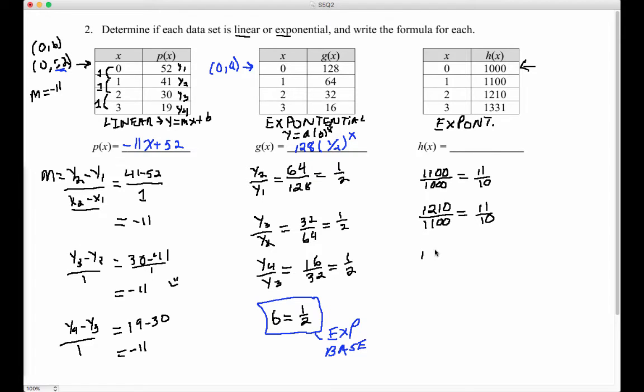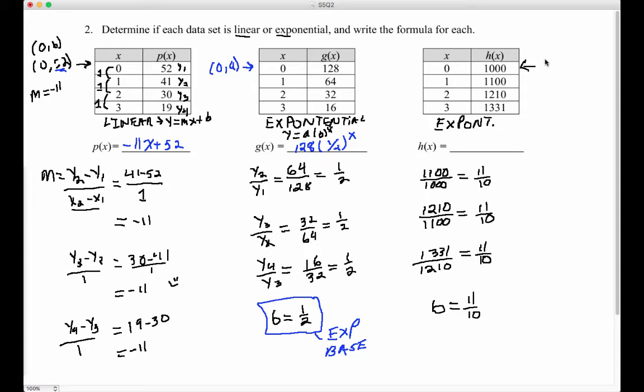And then last but not least, if I take 1331 and divide that by 1210 and do into frac, I'll see that that comes out to be equal to 11/10 also. So it looks to me like we have an exponential with a common ratio of 11/10, which means that the exponential base b is going to be equal to 11/10.